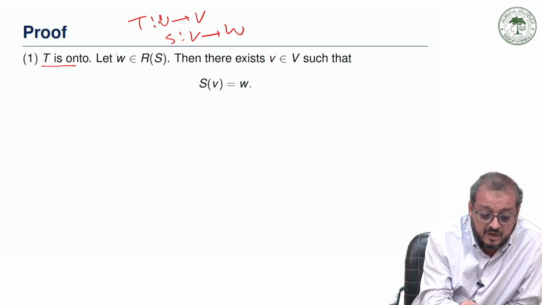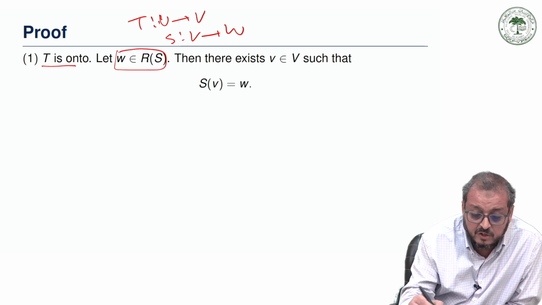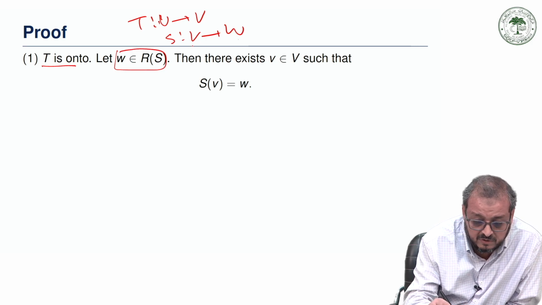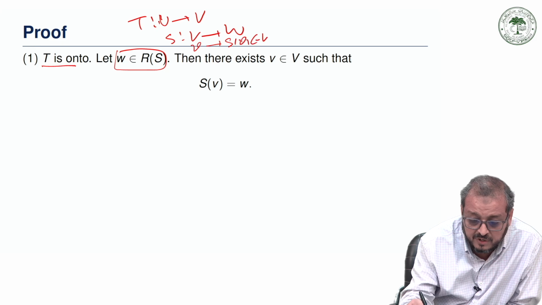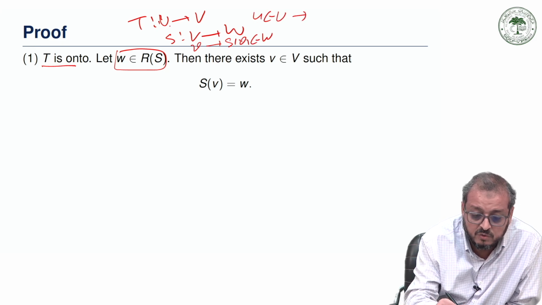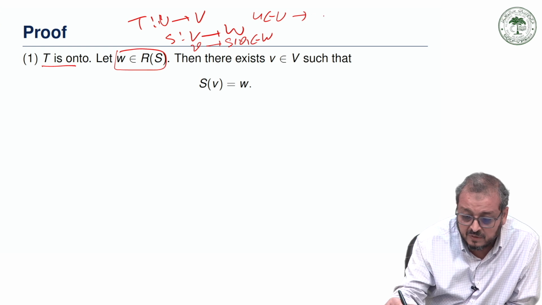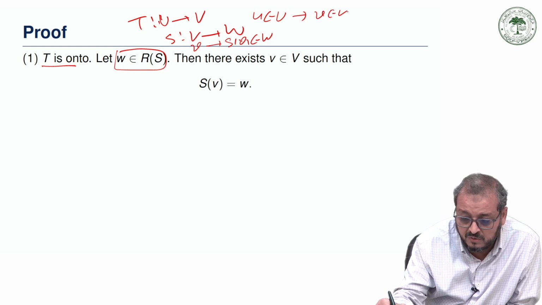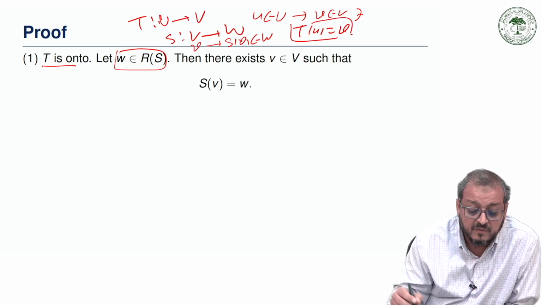So we take w to be any element of the range of S. Then S of v is always an element of W, and because T is onto, there exists an element u belonging to U such that T of u is equal to v, by ontoness.